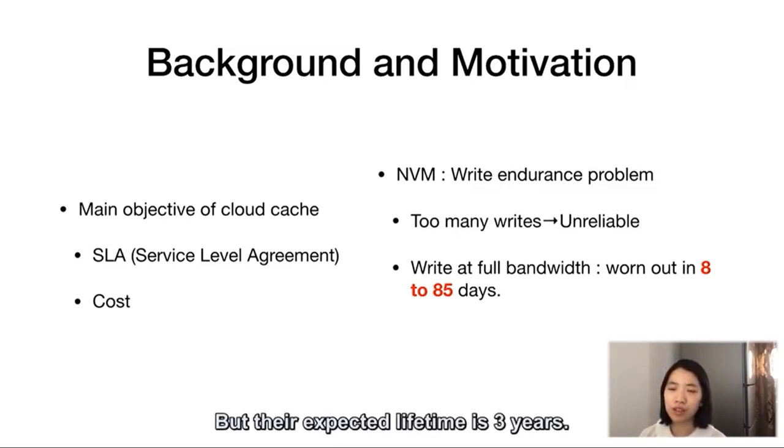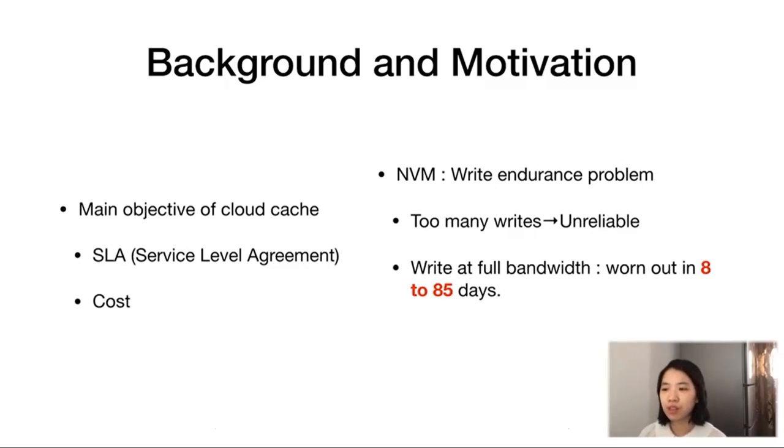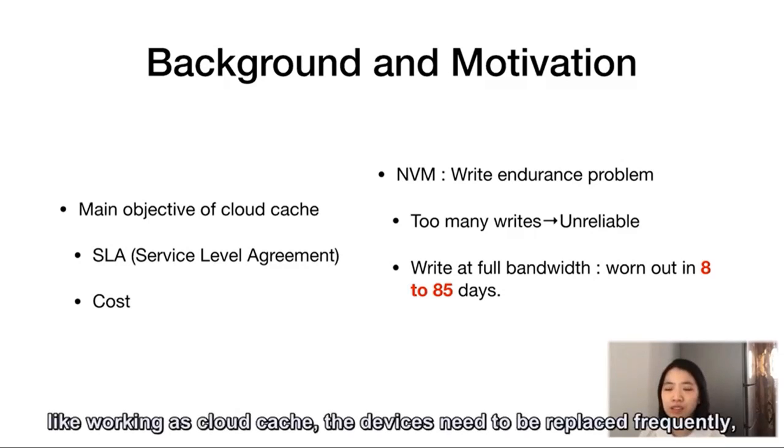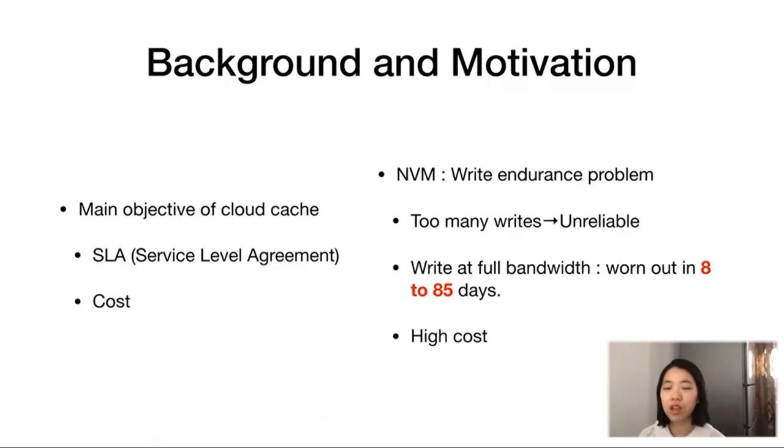But their expected lifetime is 3 years, so 8 to 85 days compared with 3 years. And when such devices need to stand high write pressure, like working as cloud cache, the devices need to be replaced frequently, resulting in high cost.